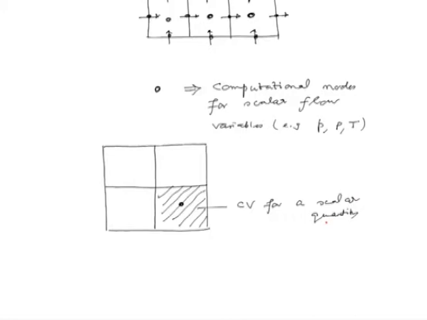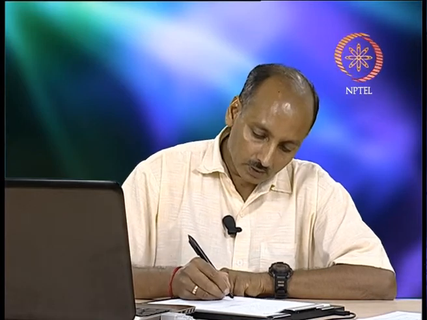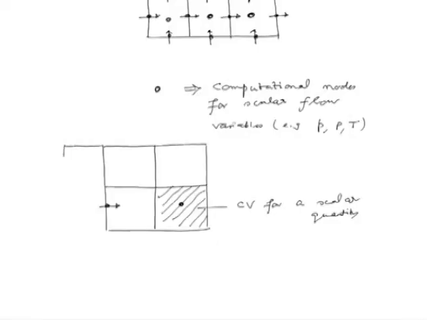How about the u velocity component? How would you define the control volume for that? So, let us draw it separately, another box here. Suppose this is one of the u velocity nodes. So, its corresponding control volume would be this.